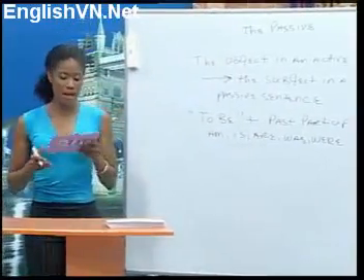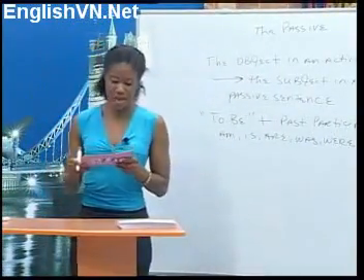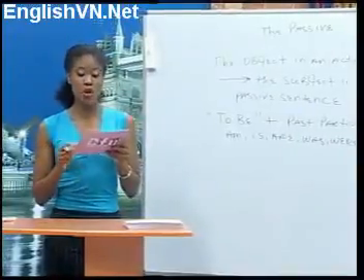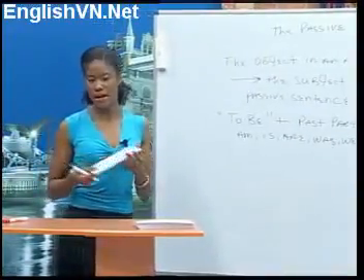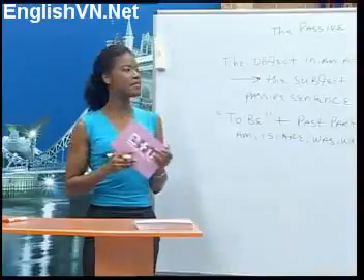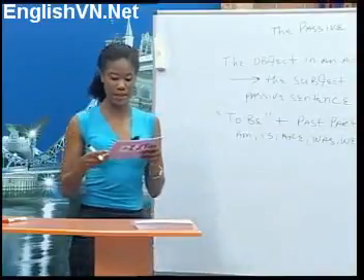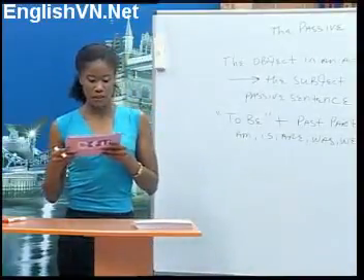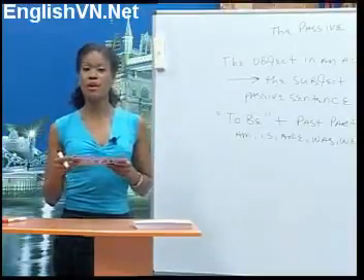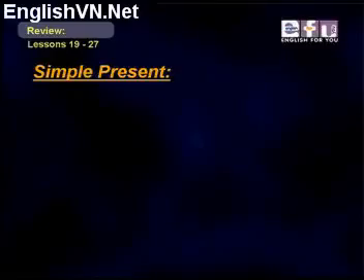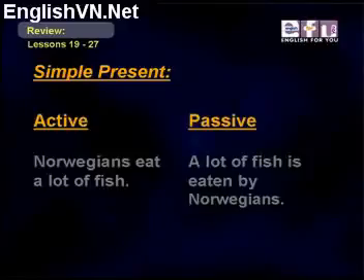Okay, now by is used in some passive sentences, but it isn't always necessary to use by, only if it's necessary to know who is doing the action. Okay, please follow along on your screen. Simple present, the active sentence.